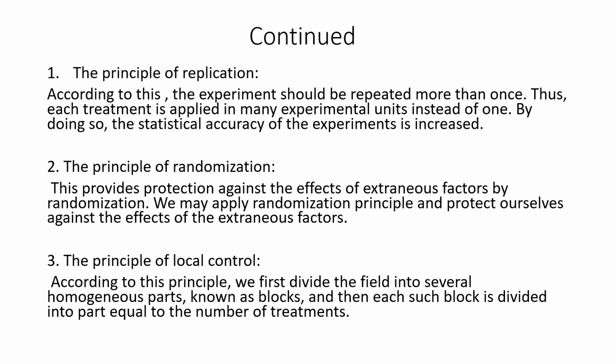We may apply the randomization principle and protect ourselves against the effect of extraneous factors. Extraneous factors are not our required outcome, and we don't need them to be involved. The extraneous factors mean unwanted factors that could affect our research.